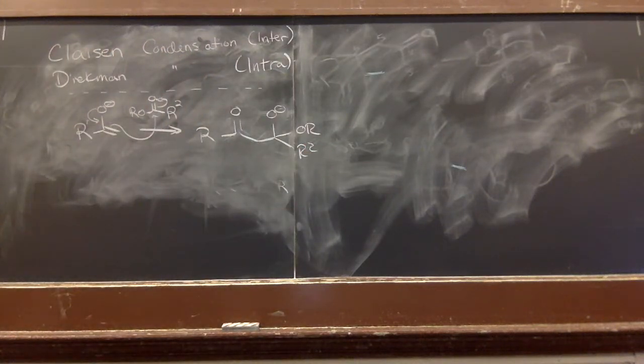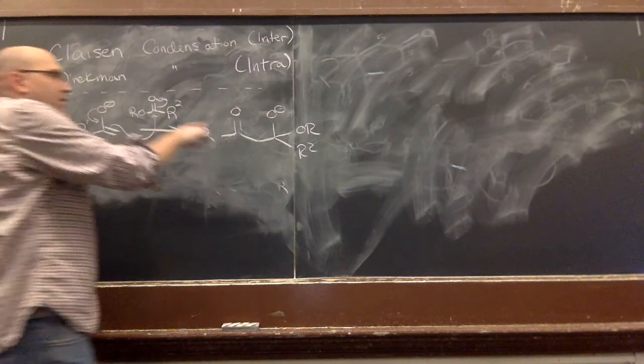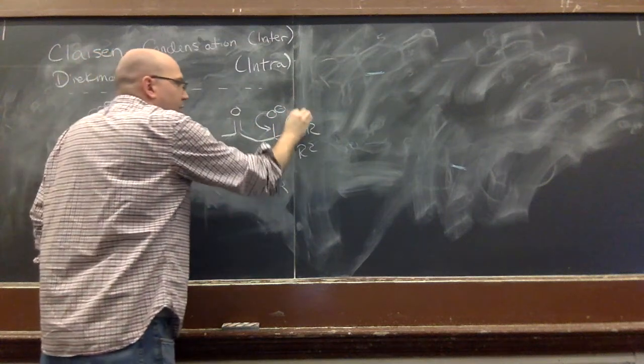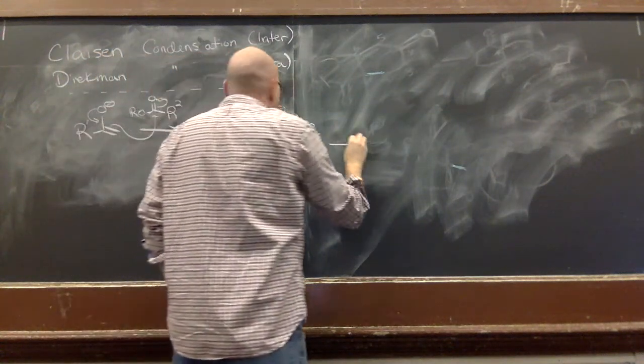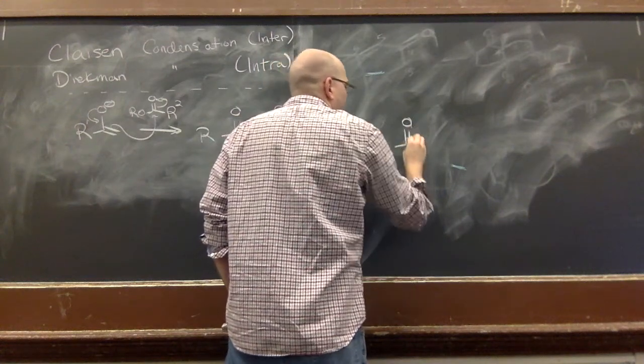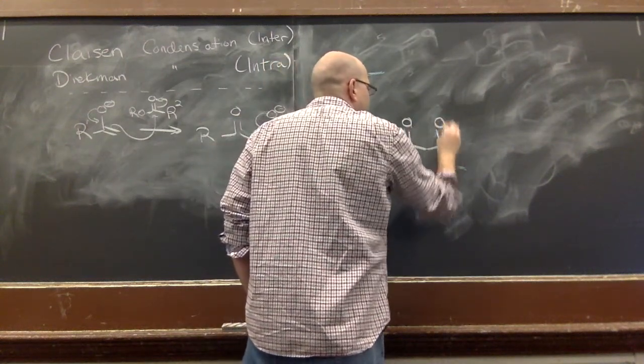So you add into an ester, you generate the enolate. What's going to happen at this point? So we add in, go up here, and come back down. We're going to kick off the ester. And so we generate 1,3-diketones.